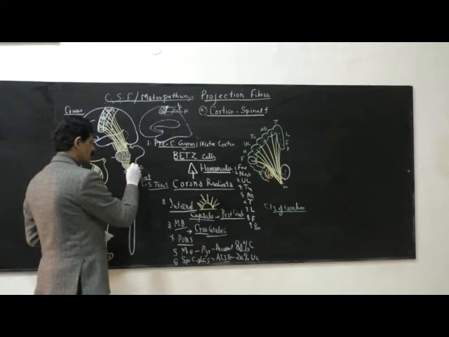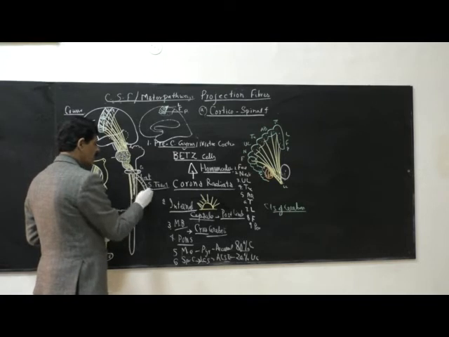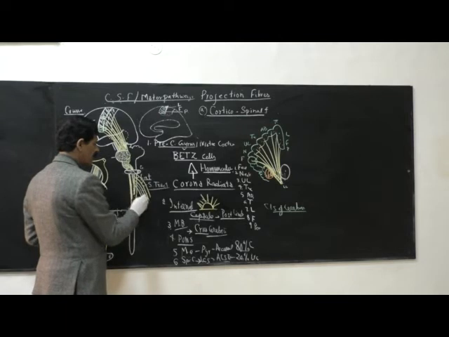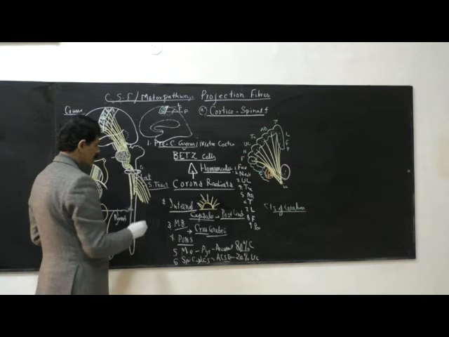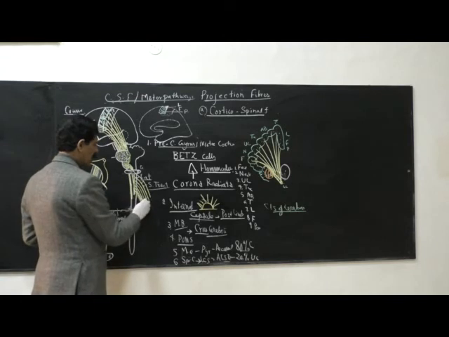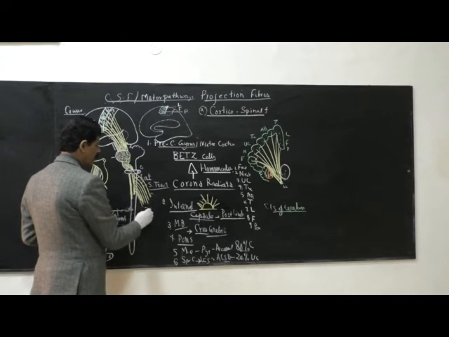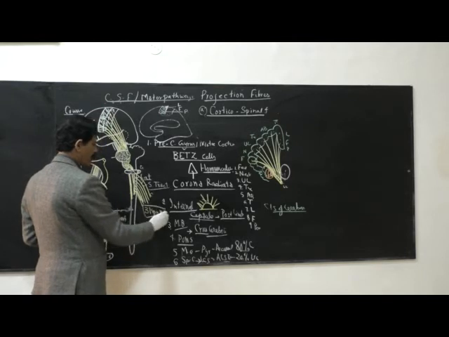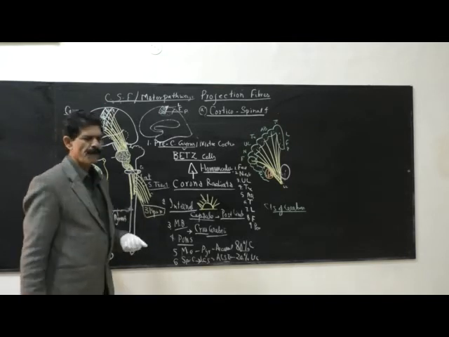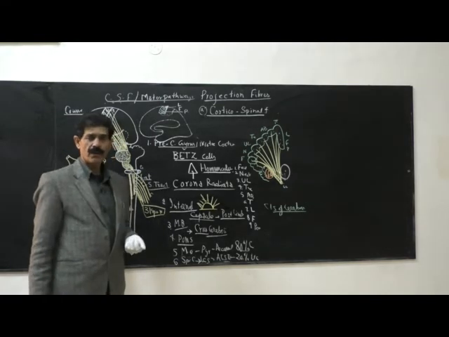So these corticospinal fibers are distributed. They come and relay in the ventral horn cells of the spinal cord, and they are distributed to the 31 pairs of spinal nerves as the lower motor neurons.